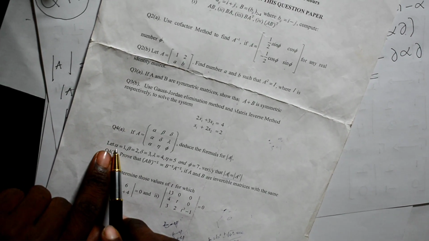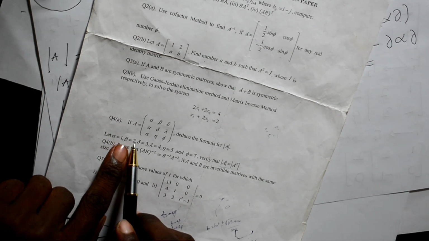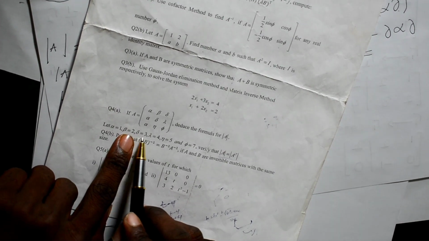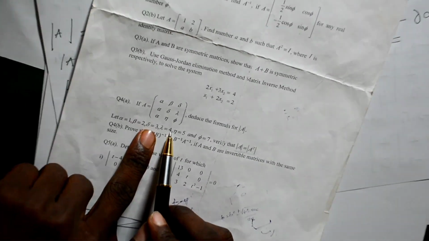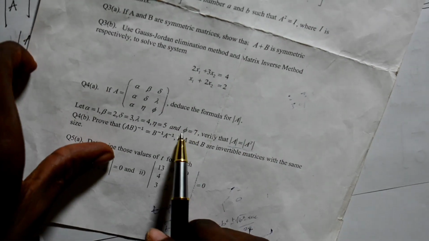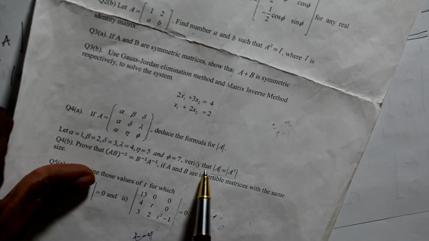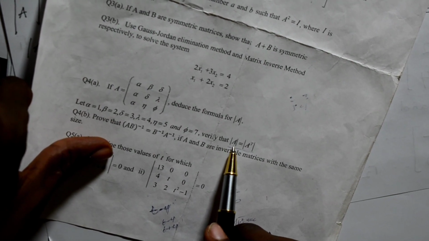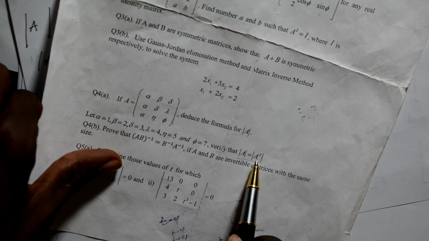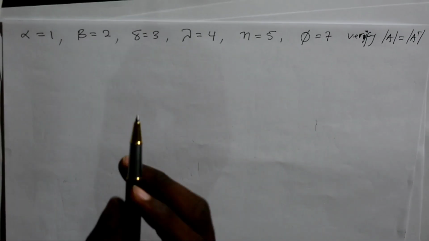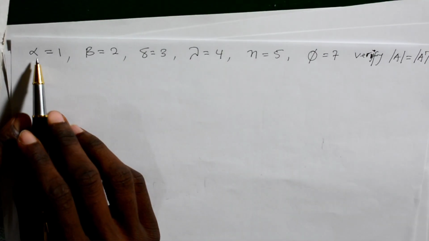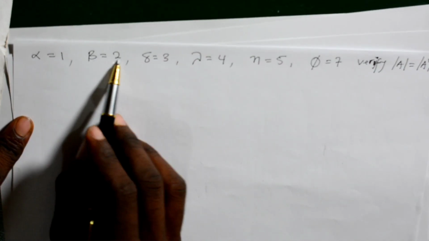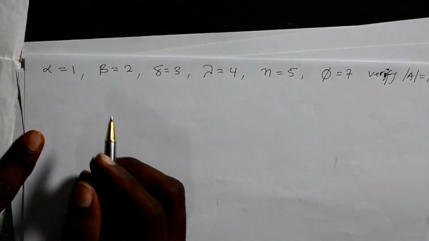It says let A be all these values. All these variables are given in form of numbers. So let's verify that A determinant is equal to A transpose determinant. So as all these values are given, alpha equal to 1 and all equal to this much.